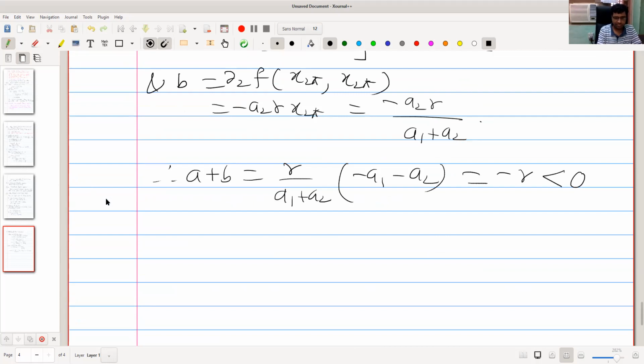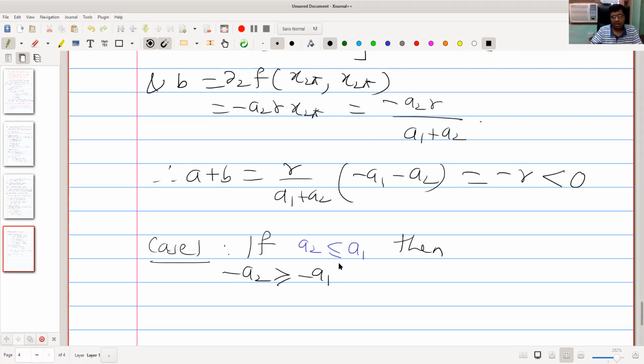Case one: a2 less than or equal to a1. If a2 is less than or equal to a1, then minus a2 is greater than or equal to minus a1, and now we multiply both sides by r divided by a1 plus a2, which is a positive number.